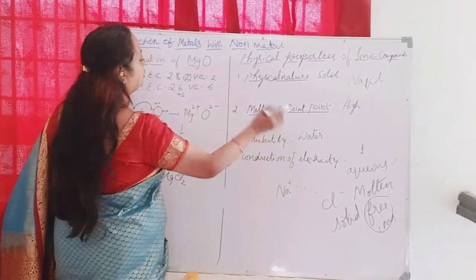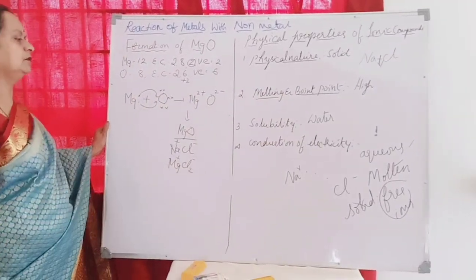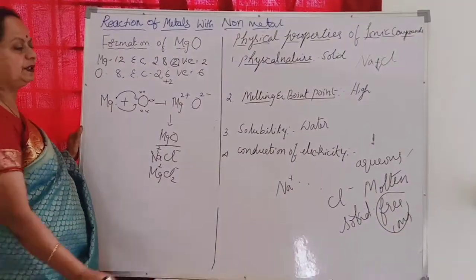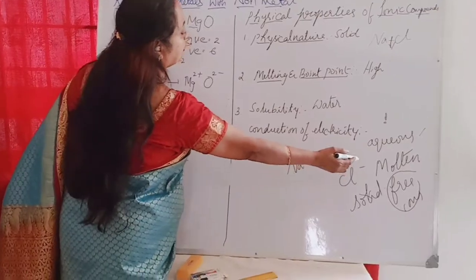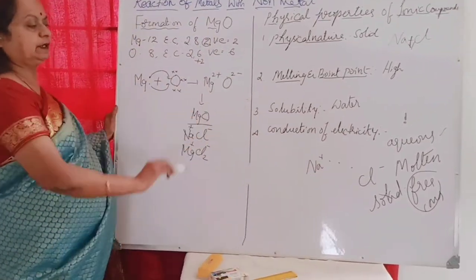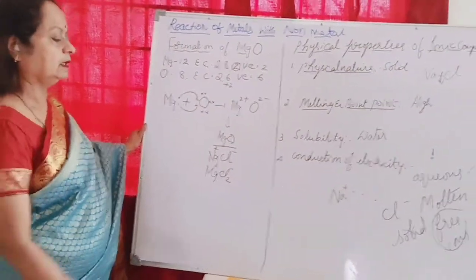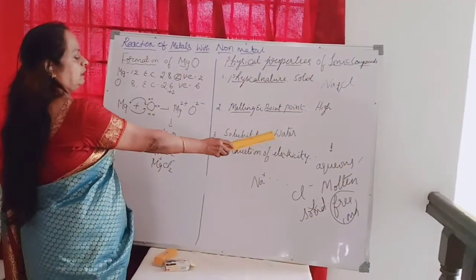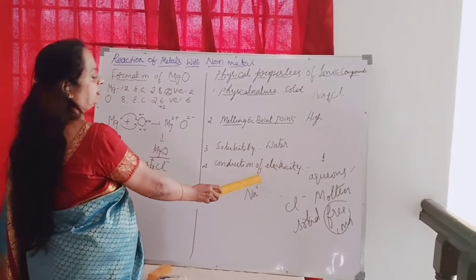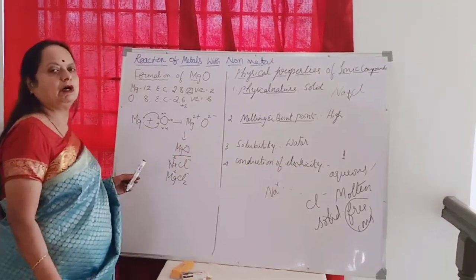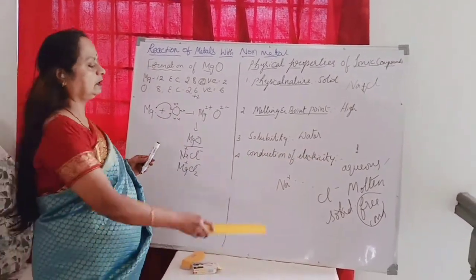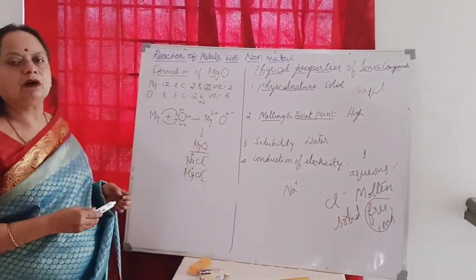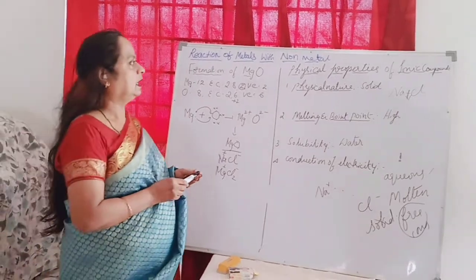They are soluble in water, a polar solvent. Conduction of electricity: they conduct in aqueous solution or molten state, but not in solid state. So these are all the properties of ionic compounds.